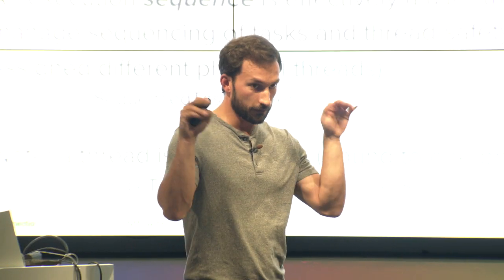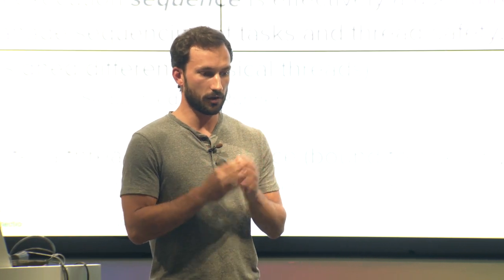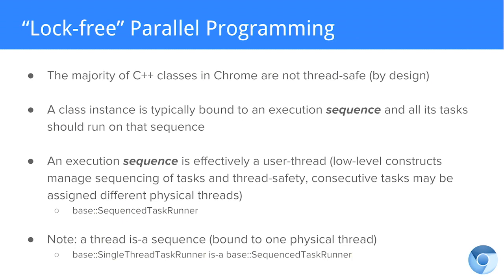So how do we do lock-free, effectively, parallel programming in Chrome? The majority of C++ classes in Chrome are not thread safe by design. The way this works is that a class instance is typically bound to a single execution sequence, and all the tasks meant to be posted to it are sent to that sequence.